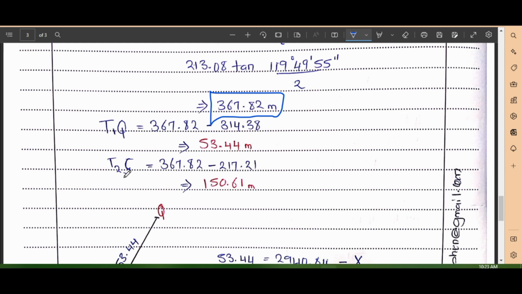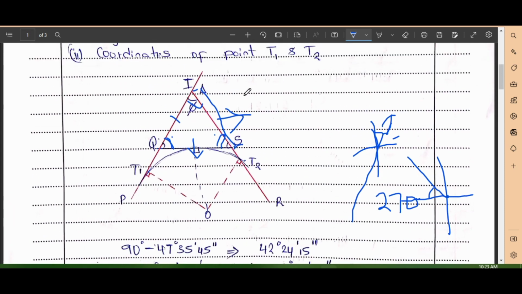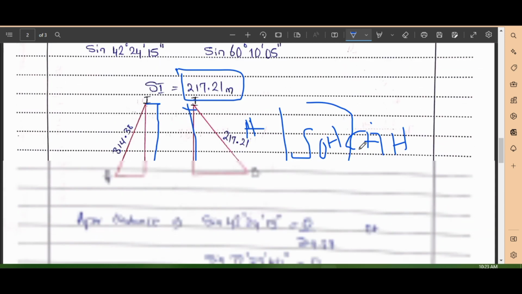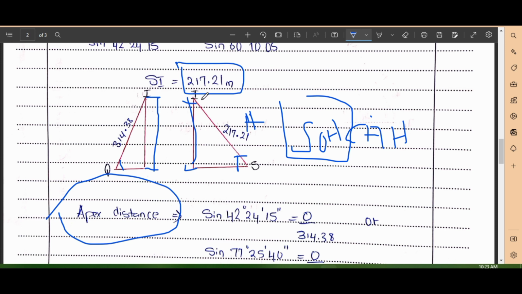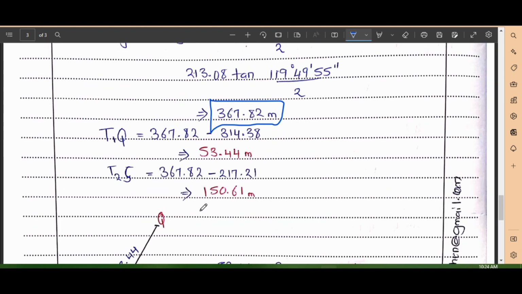Then I go ahead and do the same for T2 to S. The tangent length remained the same, but the distance I had calculated earlier, from S to I, was different. SI here was 217.21, so I subtract that distance and I get my distance from T2 to S. That is the distance that I'm getting.